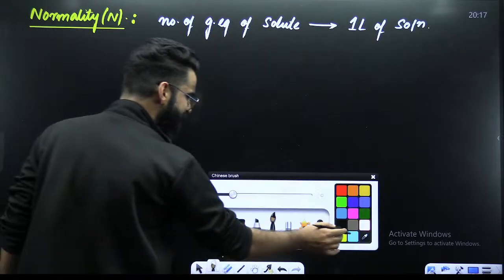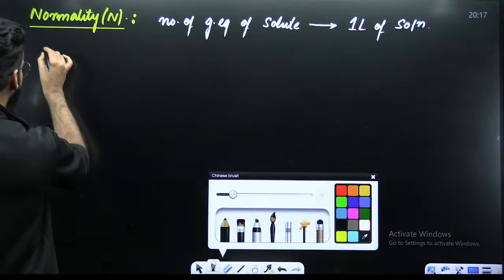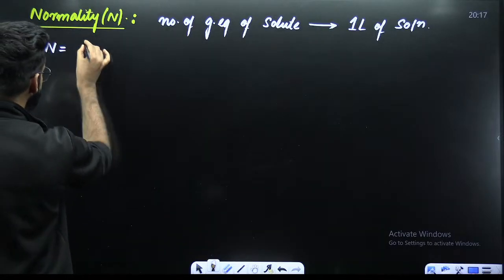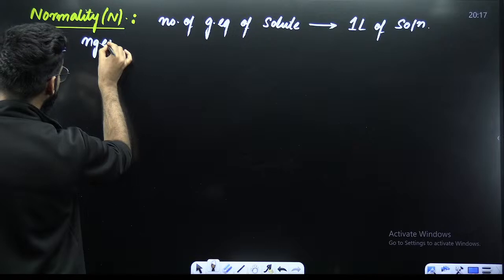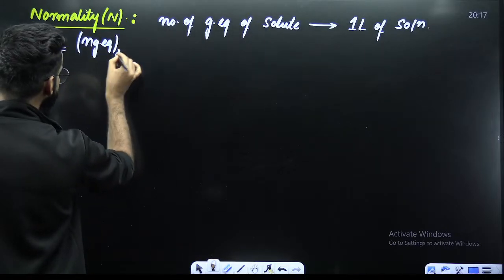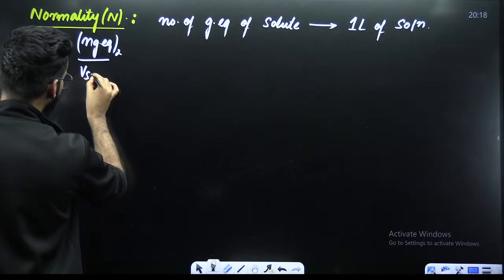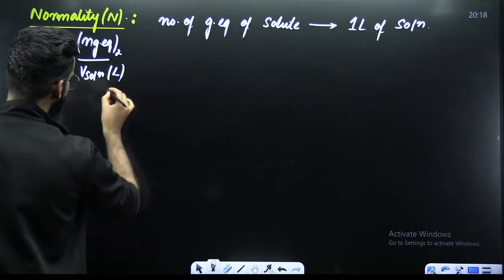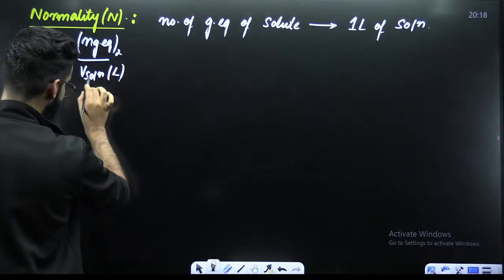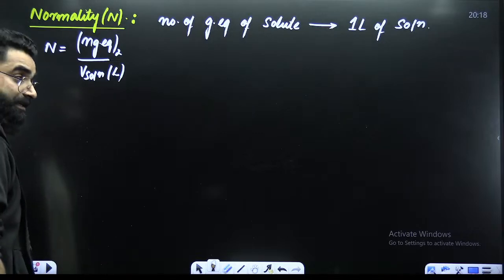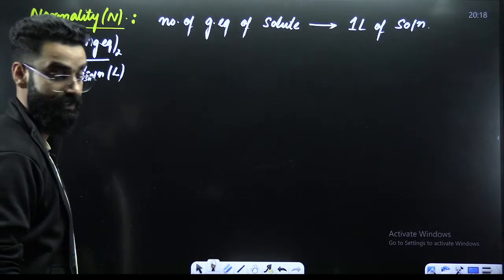Now, how do you exactly calculate normality? Let me give you certain results. Normality is equal to the number of gram equivalents of solute divided by the volume of solution in liters. This is the first result with the help of which you calculate normality.